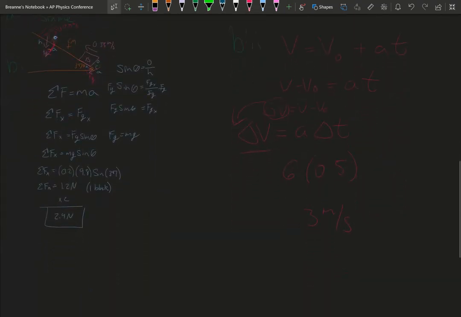We solved for the net force. We have the net force and we have the mass. So we can actually do F equals MA, our net force. So our net force is 2.4. Our mass would end up being, so we have to add the masses together.